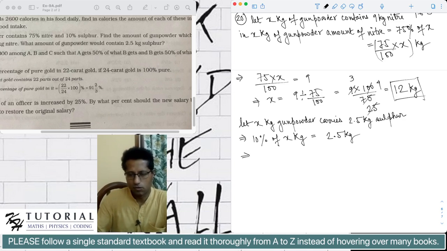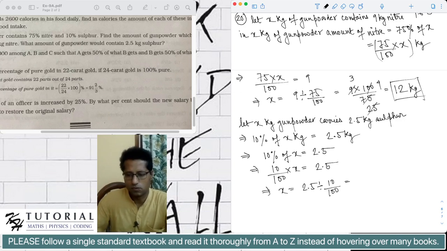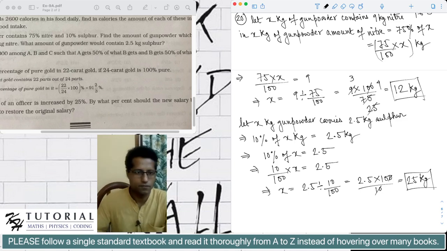We can then ignore the unit and say that 10% of x is equal to 2.5. This implies 10% of x is 10 by 100 multiplied by x is equal to 2.5. So this implies x is equal to 2.5 divided by 10 by 100, which is equal to 2.5 multiplied by 100 by 10, which is equal to 25 kg. So 25 kg of gunpowder will contain 2.5 kg of sulfur.